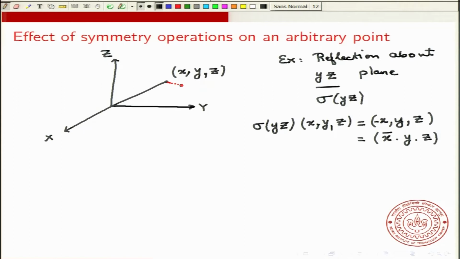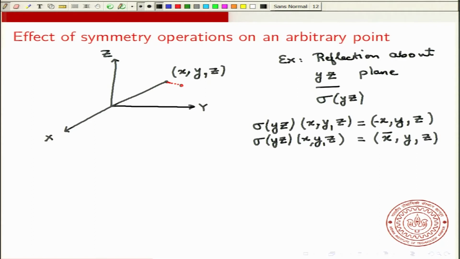So the minus x is represented as x with a bar. So what you can say is that this sigma y z operated on x y z gives you this new point, which is x bar, y, z. Okay.